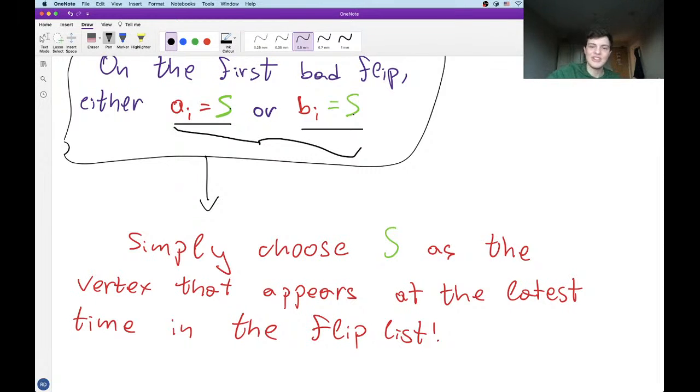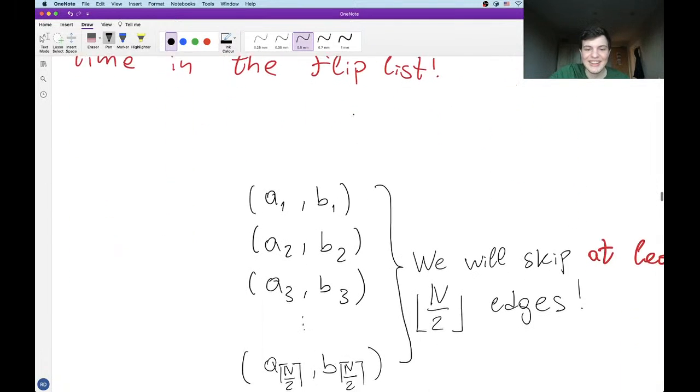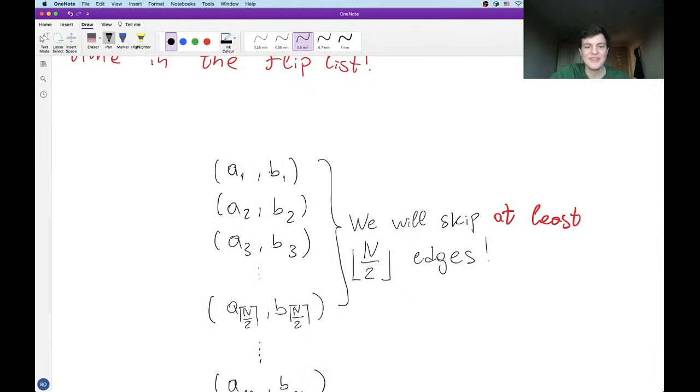And how many turns will this yield? The main idea is, let's consider the prefix which has n/2 edges. How many vertices overall do we have?